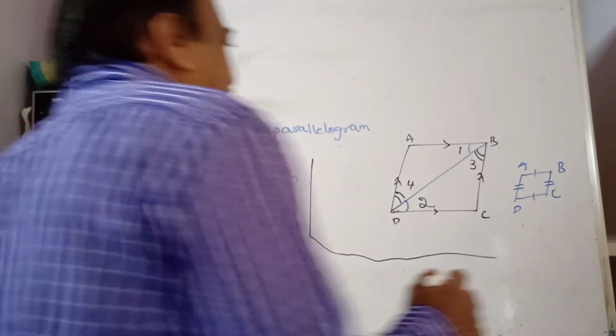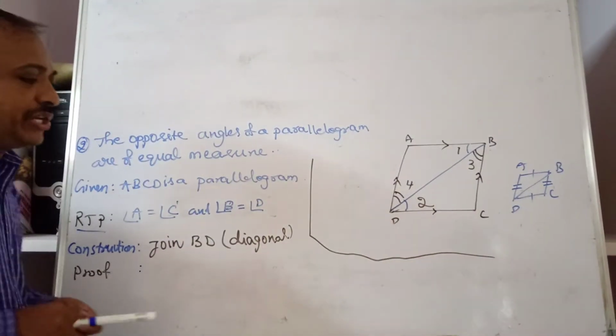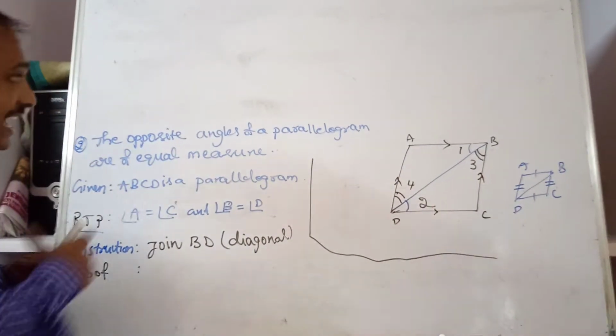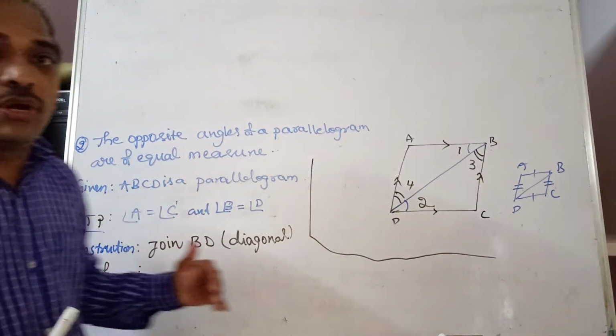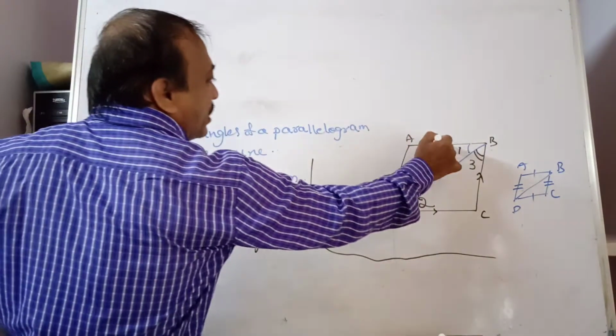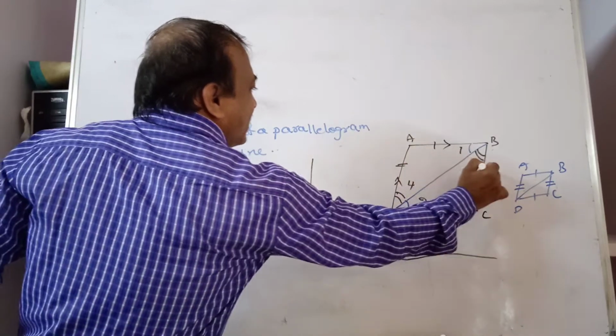If you join the diagonal, BD is the diagonal. Now we are going to prove this in another way, by using another criteria, SSS.